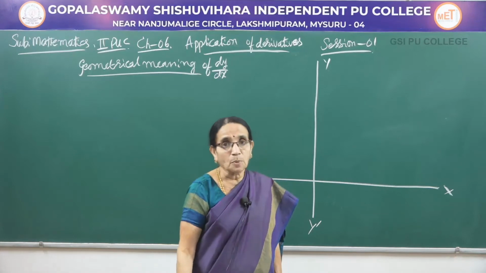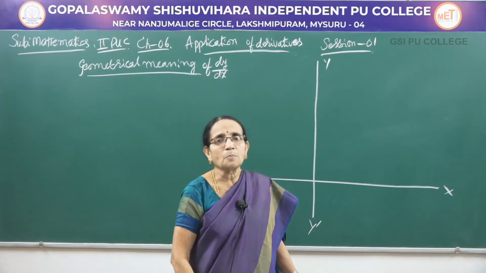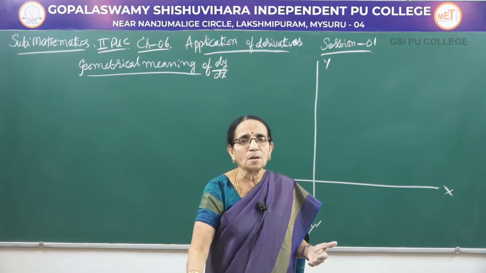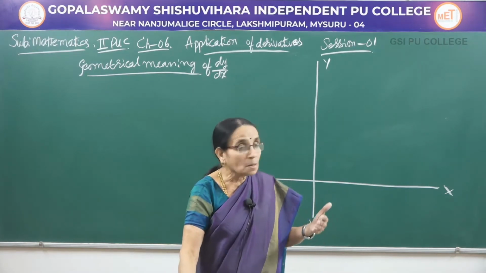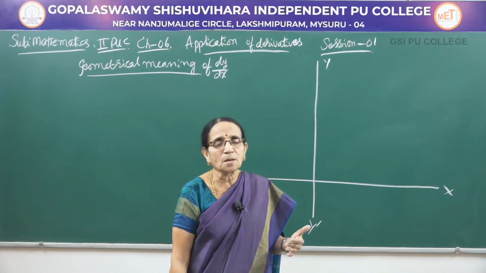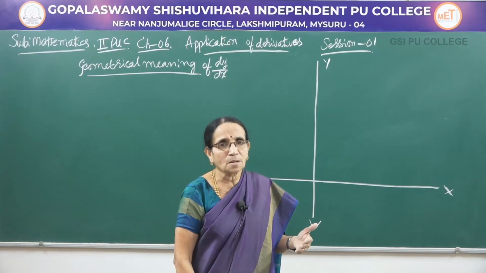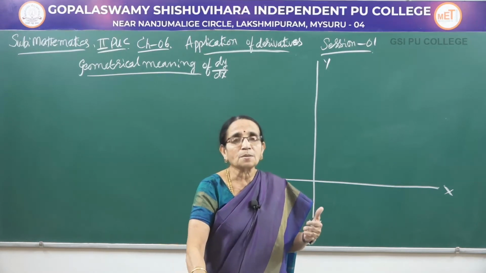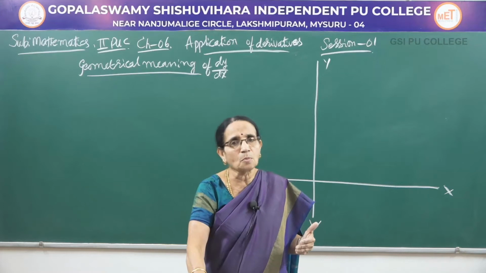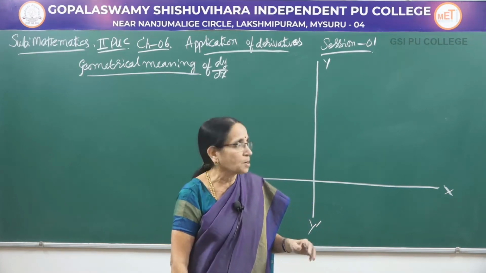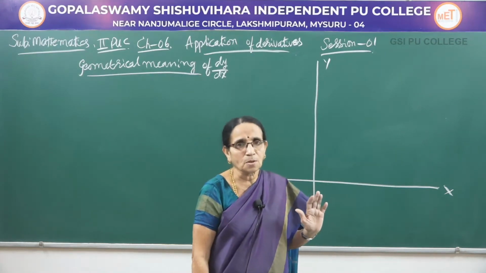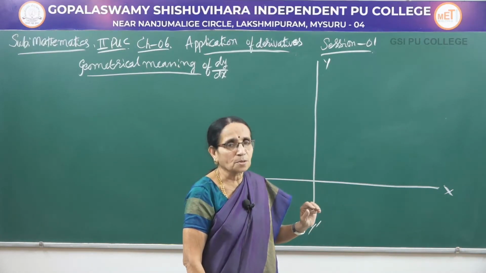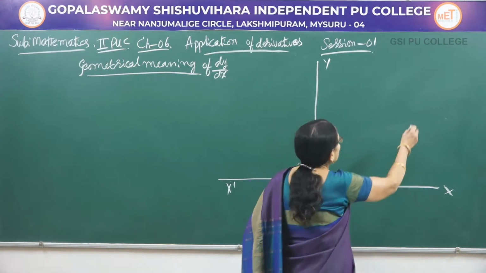Continuity at a point means that when you find the value of the function and the limit of the function, if they are equal to each other at a point, we say the function is continuous at that point. Now, if it is continuous at each and every point of the domain, we say it is a continuous function. So, we know the definition of continuity. Here I am considering a continuous function.